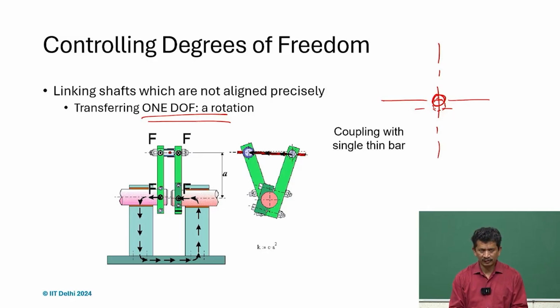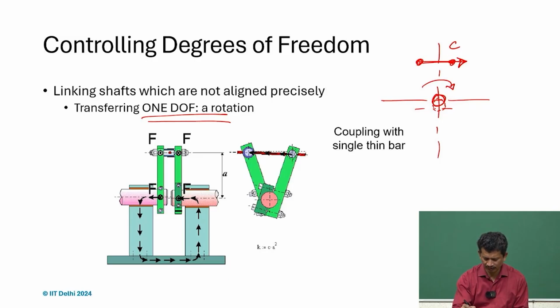What is important to understand is that we want to have this constraint, and what we also realize is that if we provide the constraint away from the axis of rotation, and the constraint is not passing through the axis of rotation, then it will provide that rotational constraint. It means one constraint away from the axis of rotation is sufficient to provide that rotational constraint, and that is what we see here.